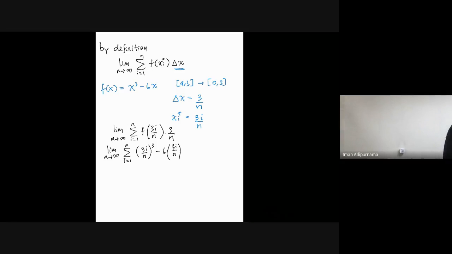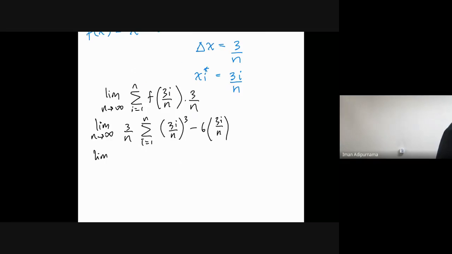Let me factorize the 3 over n. Basically, we are using 3i over n as our sample point, put inside x³ minus 6x, and we get this expression.